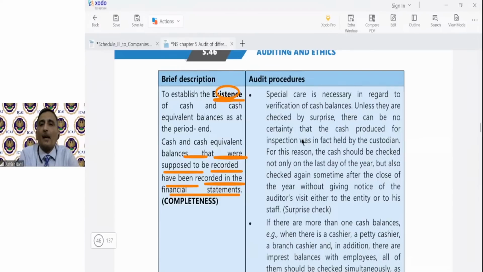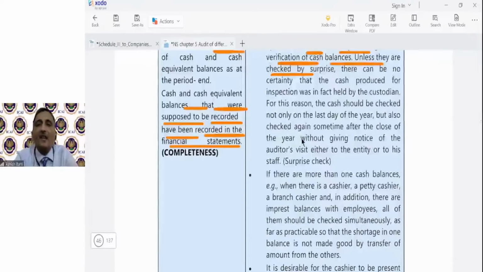Okay. So special care is necessary in regard to verification of cash balance unless they are checked by surprise. So surprise element is necessary in verification of cash balance.